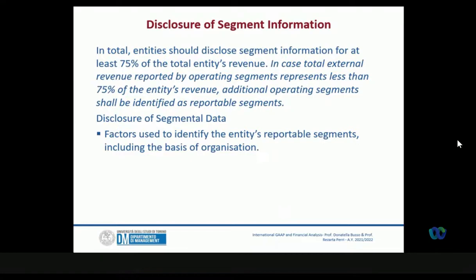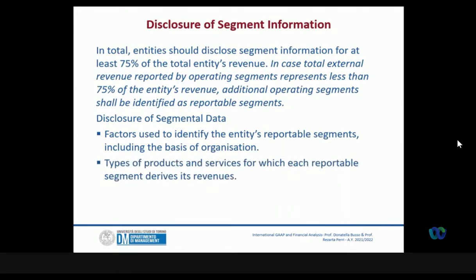When I read the financial statement and the annual report, I need to know what factors have driven the company to identify and categorize the reportable segments. They should not be left in the dark for me. They should be made available and disclosed for me to have an opinion about that.